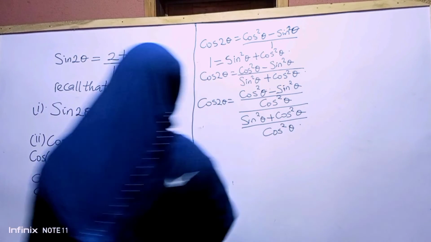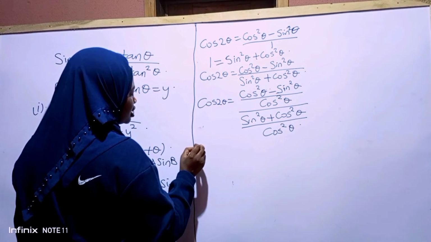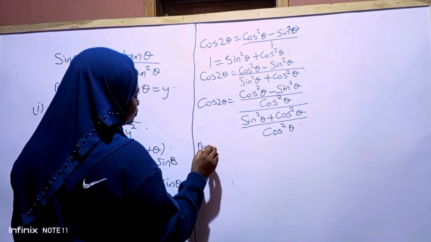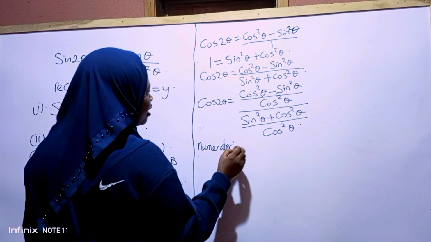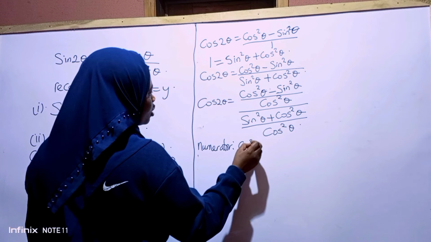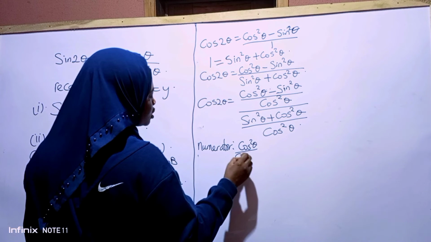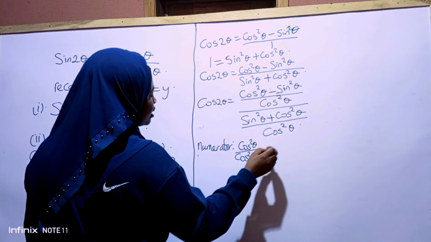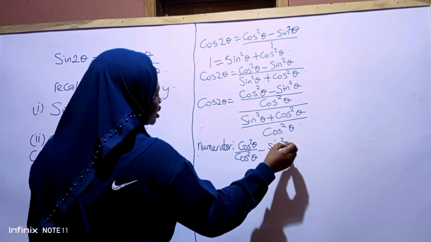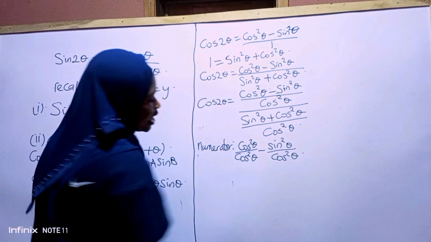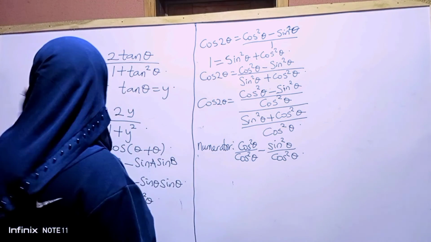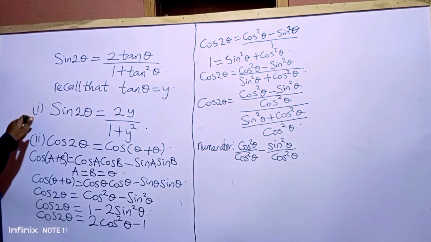So let's separate it. Numerator: I have cos squared theta over cos squared theta minus sin squared theta over cos squared theta, like I explained in the first one, number 1.